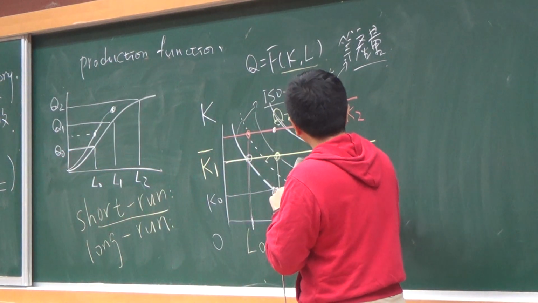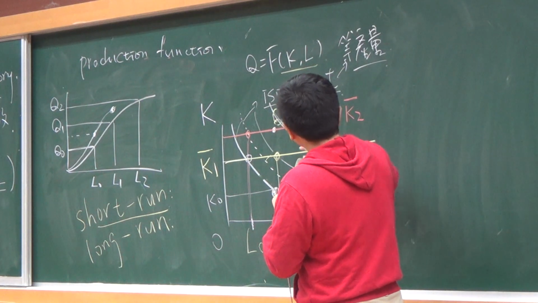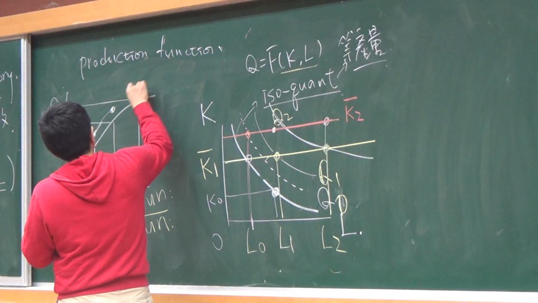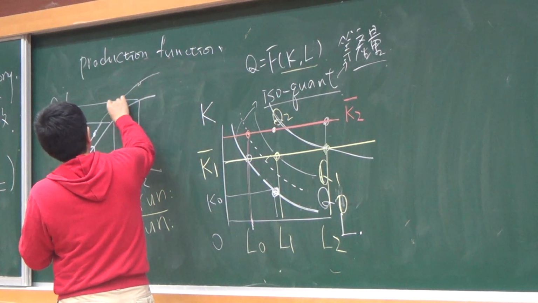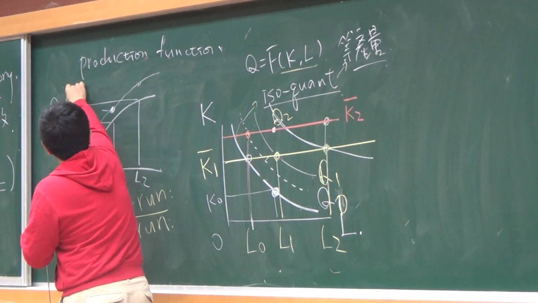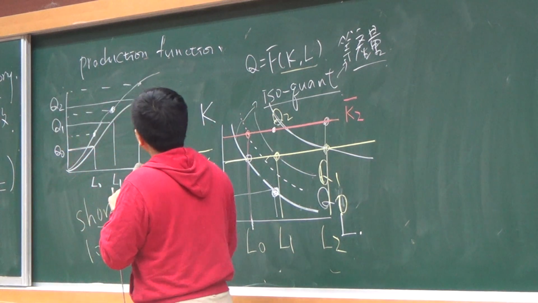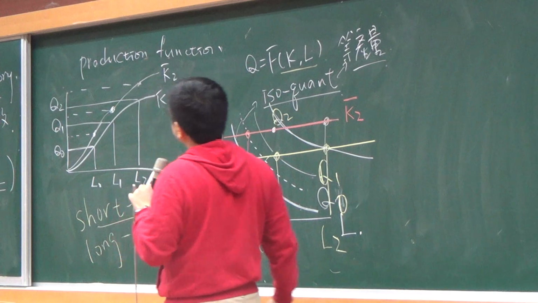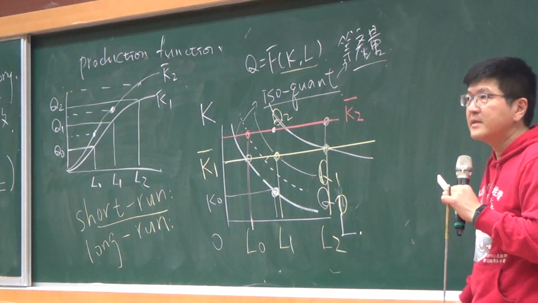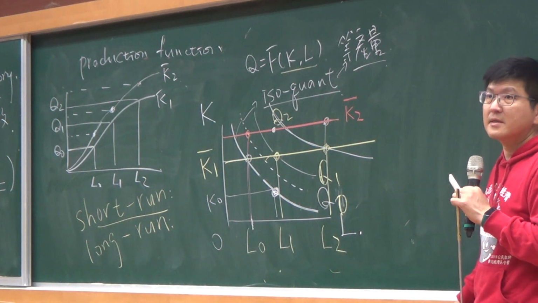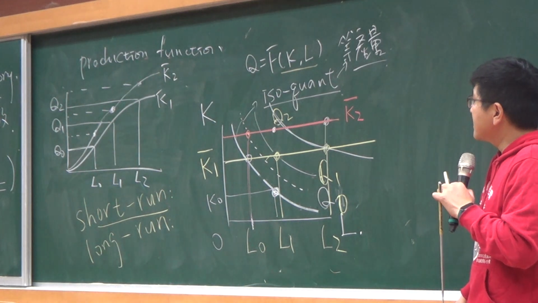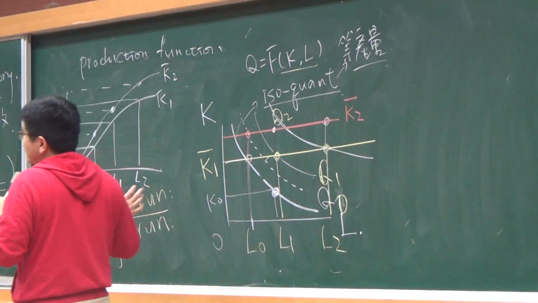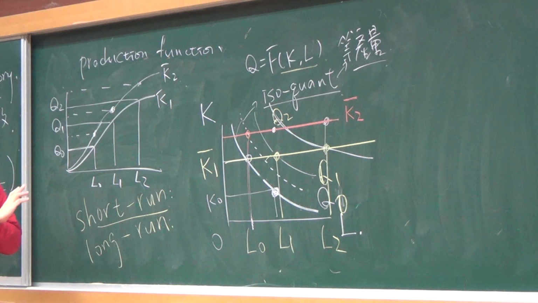With L2, something higher than Q2. So it's K1 bar, K2 bar. Understand the difference between these two diagrams.